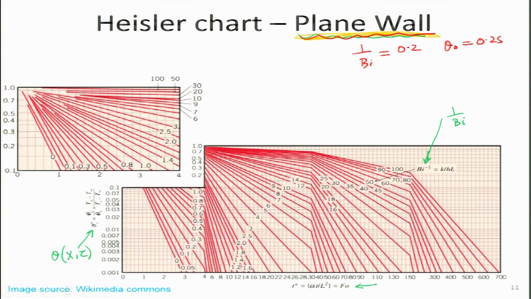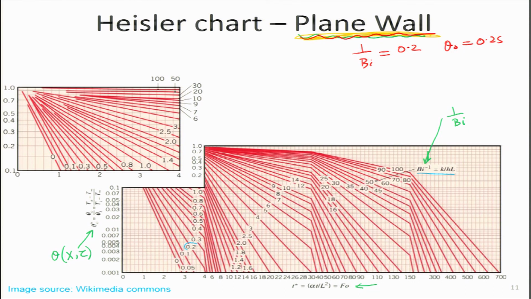What the Heisler chart says is that it will make life very simple. All we need to do is follow the x axis and the y axis over here. The x axis tells me 1 by Biot, so these numbers I am considering over here. I am trying to find 0.2 over here.